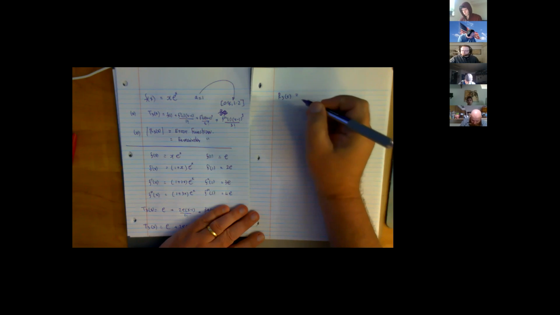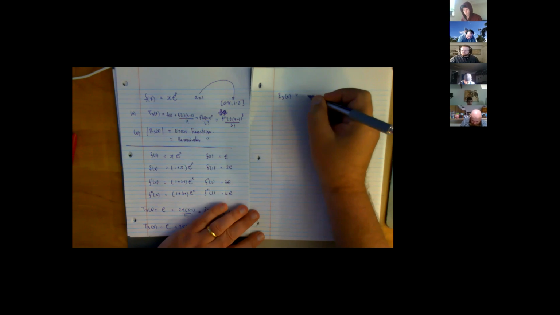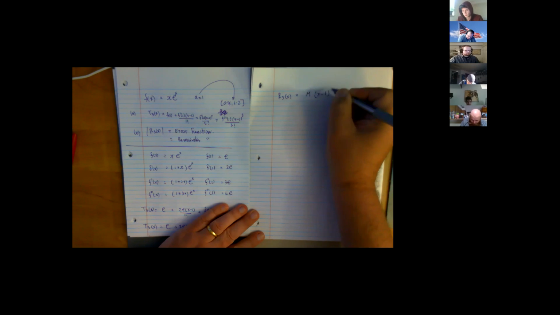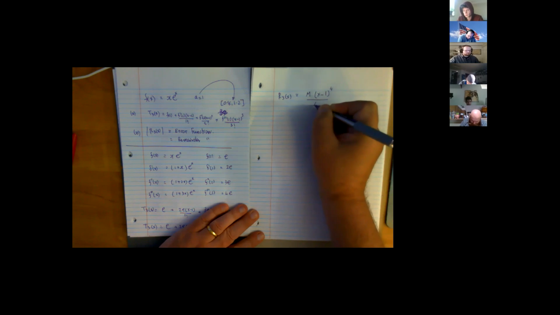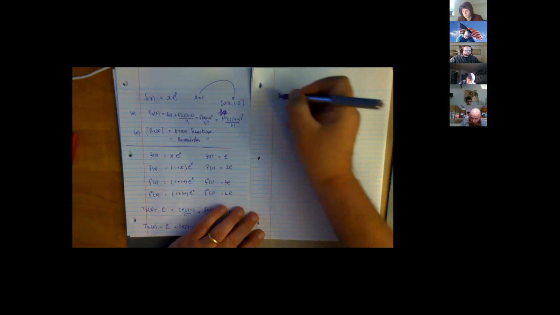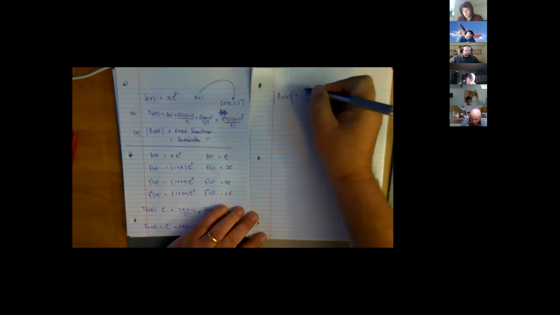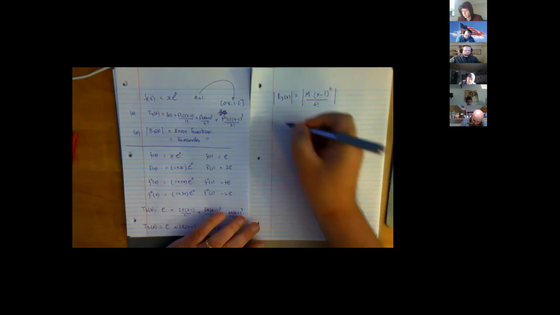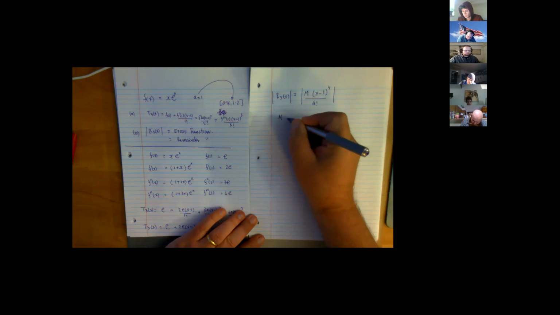The remainder function R3 of x is equal to M times x minus 1 to the power of 4 over 4 factorial. The absolute value of it is the absolute value of that. M is a number.